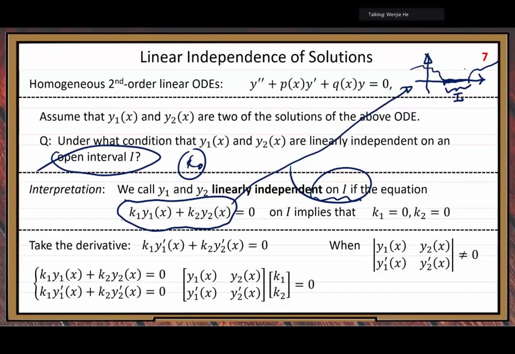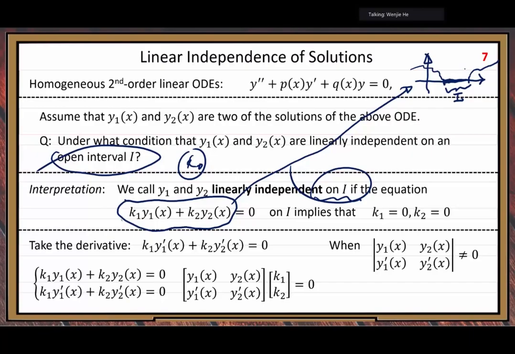Here we need to use the determinant of the coefficient matrix, because its value can tell us in which situation you can find K1, K2, and in which situation you cannot find K1, K2. That result is useful.